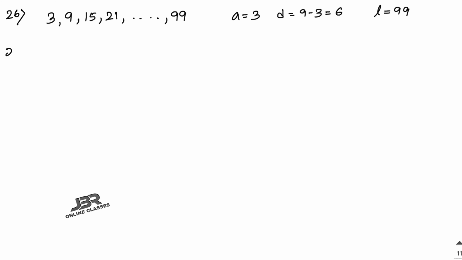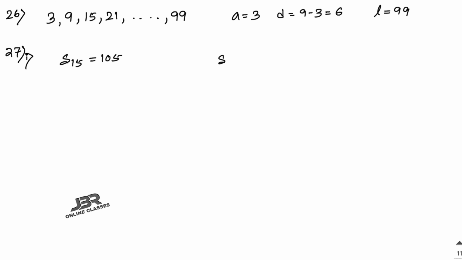Okay, now let's move on to the next one, sum number 27(1). The sum of first 15 terms of an AP is 105. So S15 equals 105, and the sum of the next 15 terms is 780. Find the first three terms. So according to the problem, S15 equals 105, and the sum of the next 15 terms is 780.